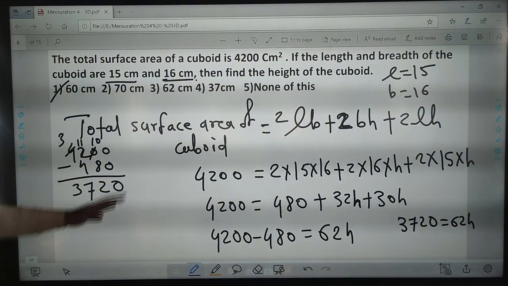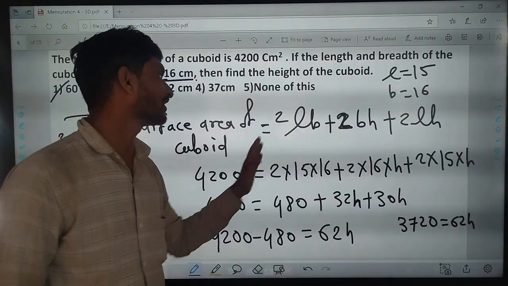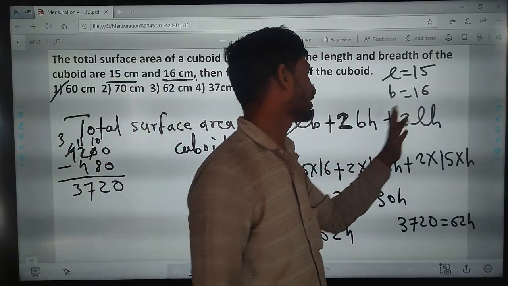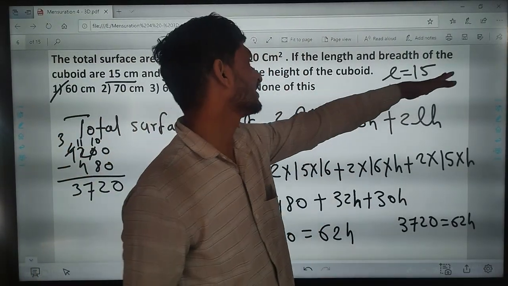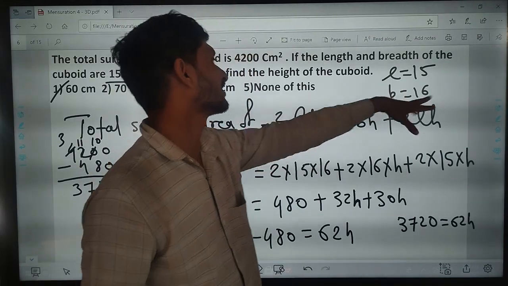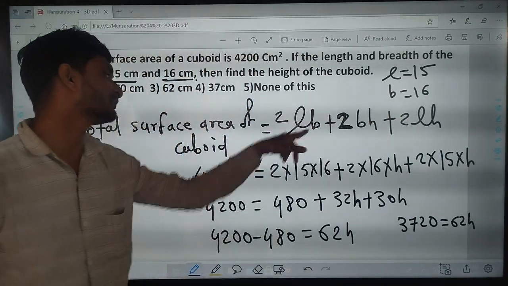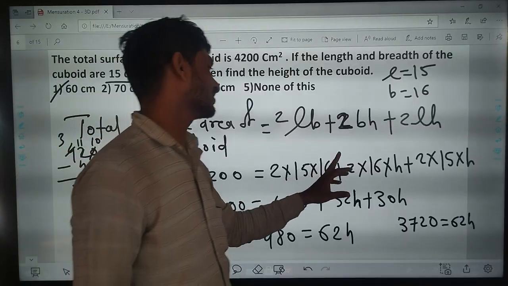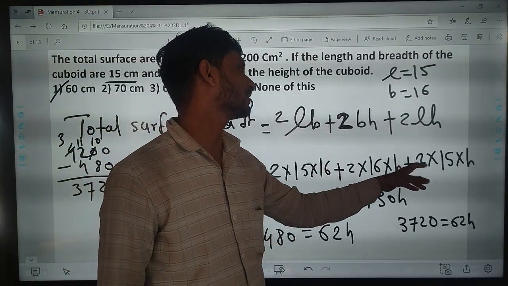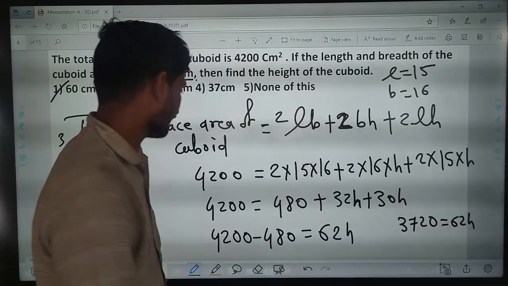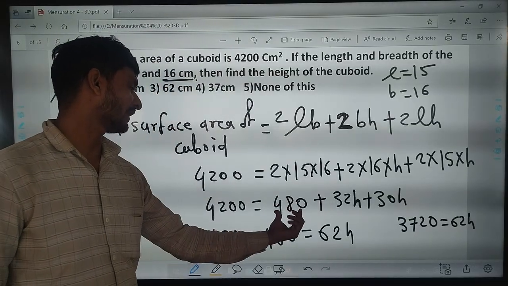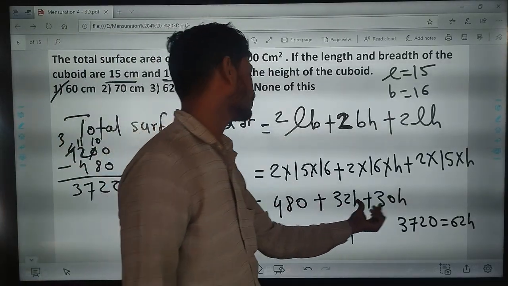Here the total surface area is given. Total surface area of the cuboid is equal to twice LB plus twice BH plus twice LH. Now here the length is 15 centimeter and breadth is 16 centimeter. Put this value: 2 into 15 into 16 plus 2 into 16 into h plus 2 into 15 into h. Now here 480 plus 32h plus 30h.